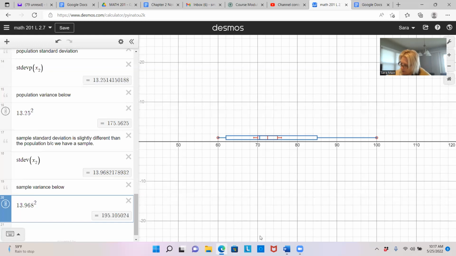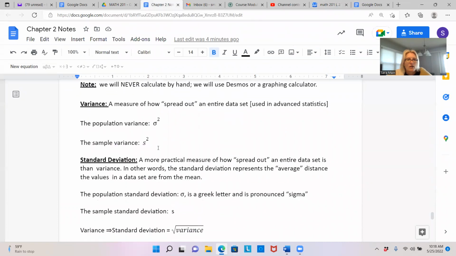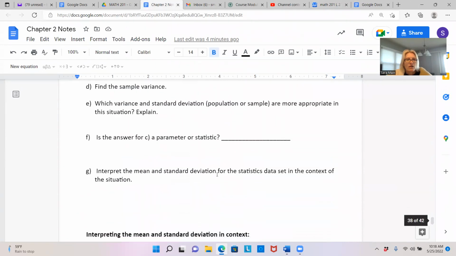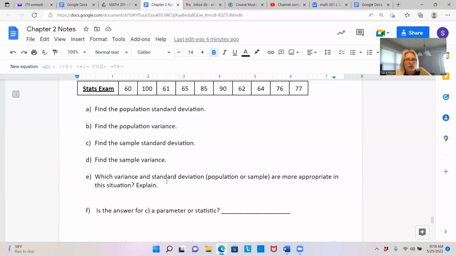And so if we go back to our notes here, it says which variance and standard deviation, population or sample, are more appropriate in this situation.